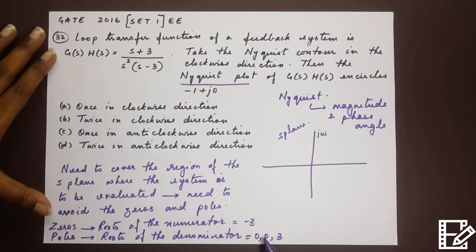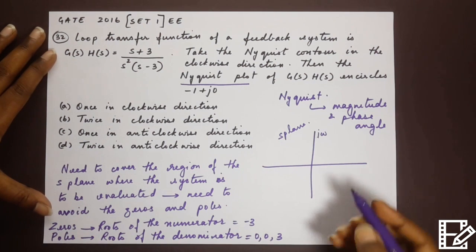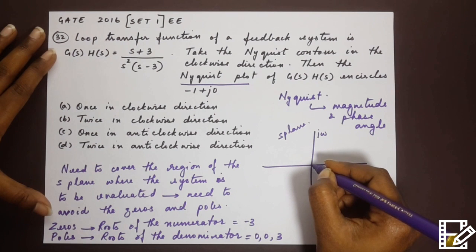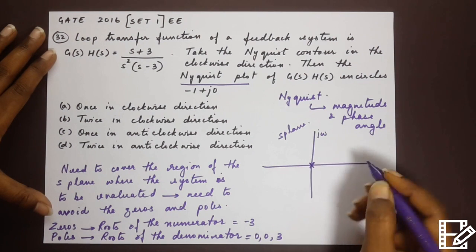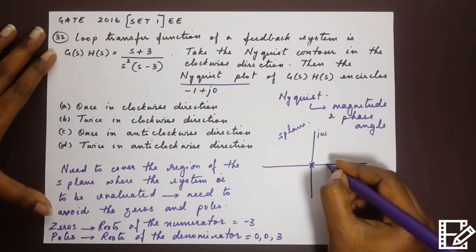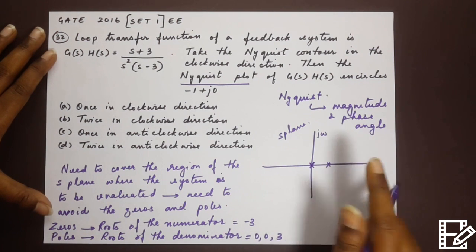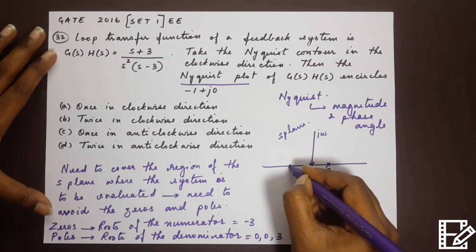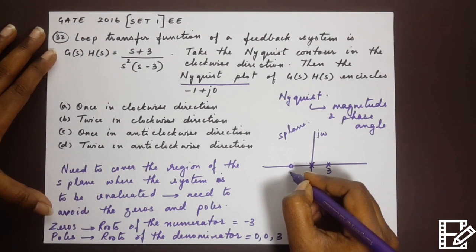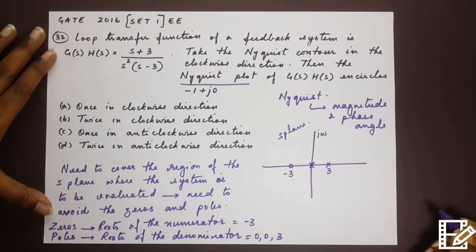So I'm going to write it over here. We have 2 poles at the origin, one pole on the positive axis at 3, and one zero at −3.